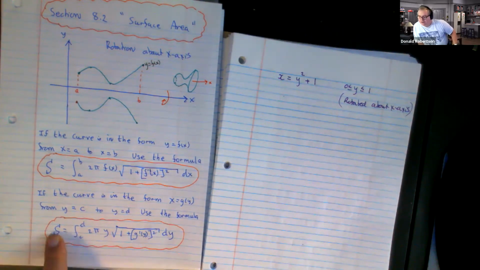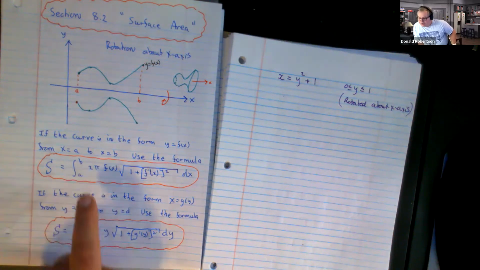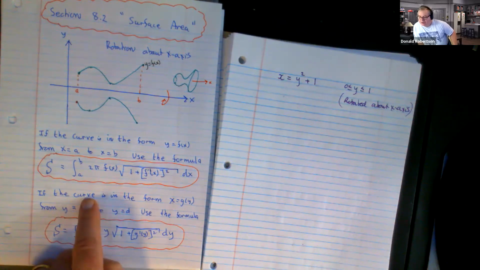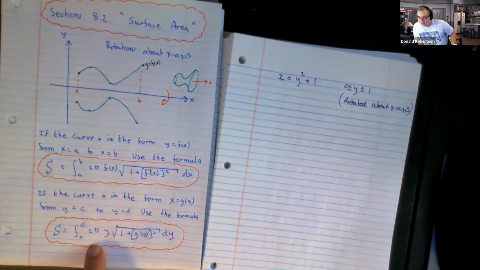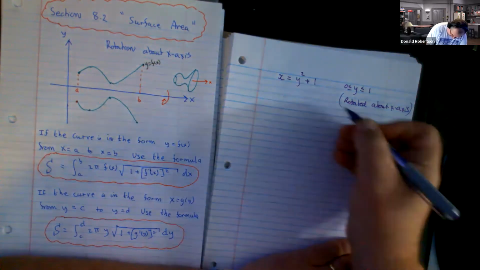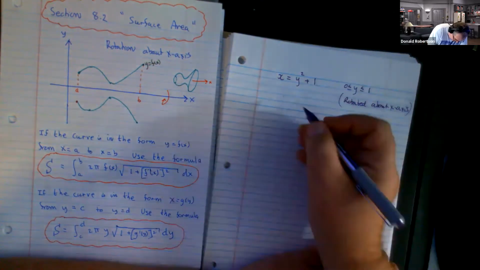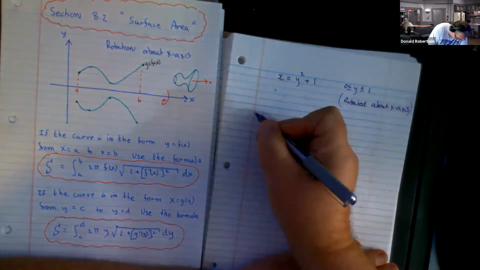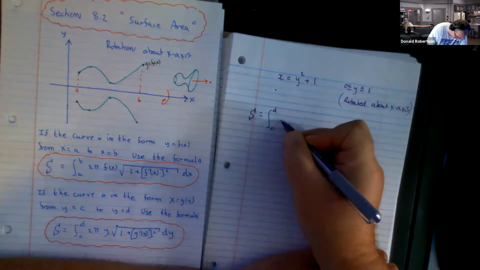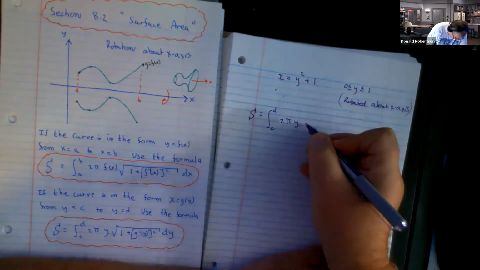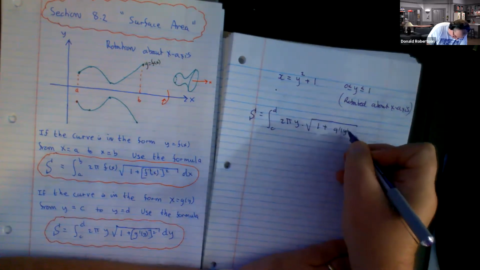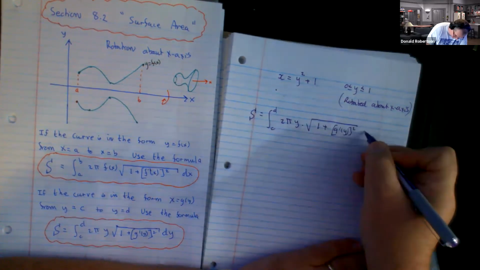Do you see how you can tell which of the two formulas need to be used when you rotate about the x? If the things are in x's, it's the top one. But if the information uses y's, as it does here, you do that one. So the surface area is going to be the integral from c to d, 2 pi y square root of 1 plus the derivative of y squared dy.